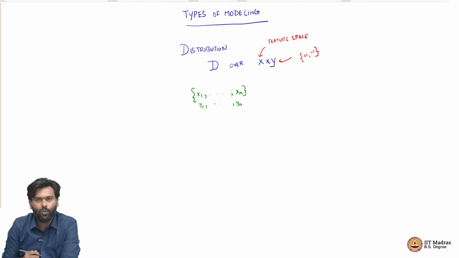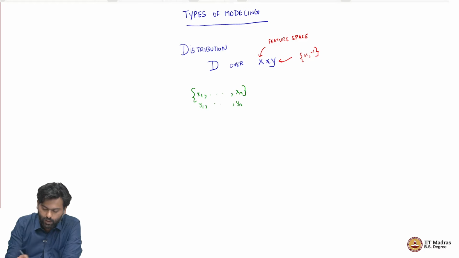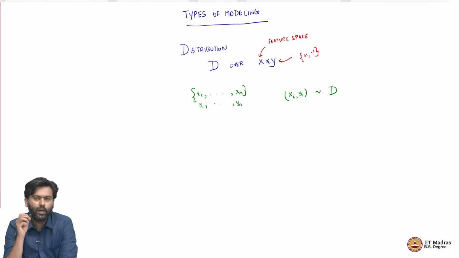So now what am I going to assume? I'm going to assume that every pair xi, yi, that is the feature and the corresponding label, is drawn according to this distribution D. So think of this distribution as some kind of a probabilistic mechanism that generates our data.